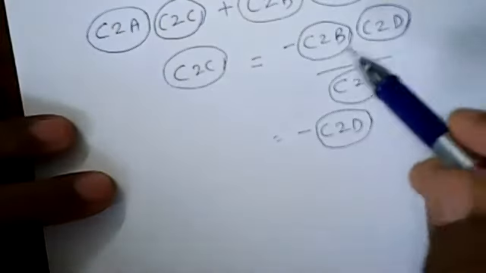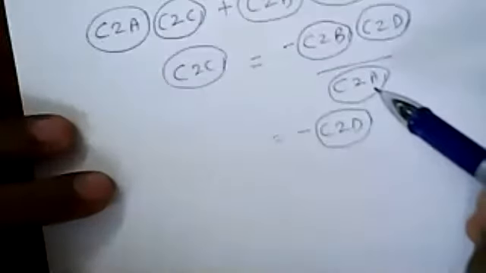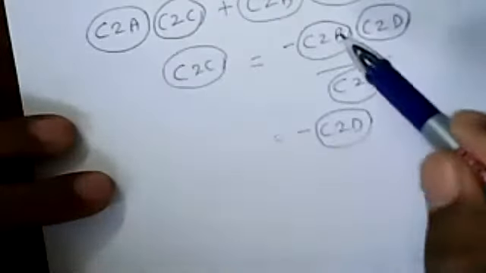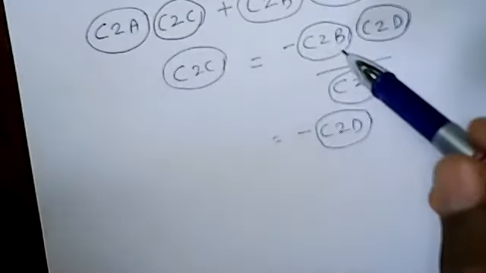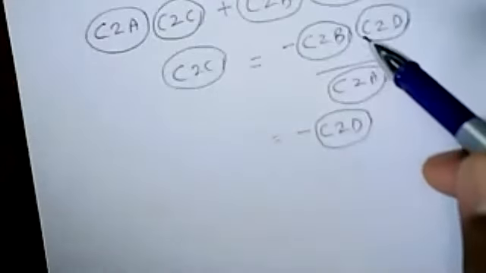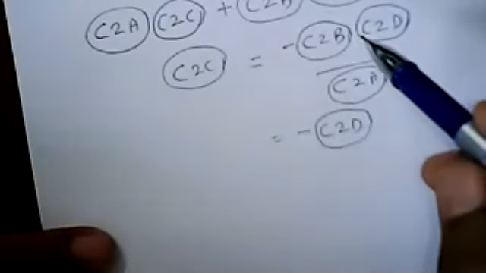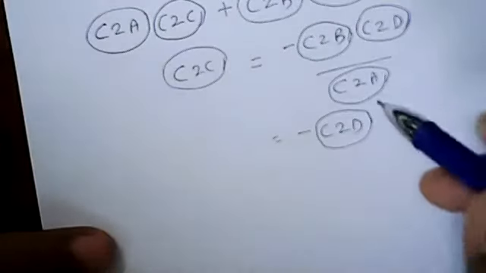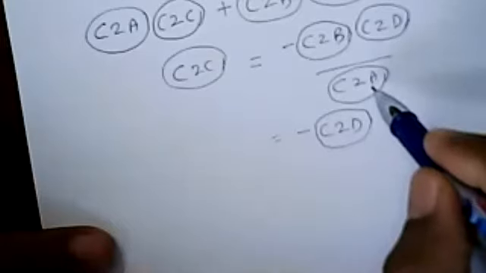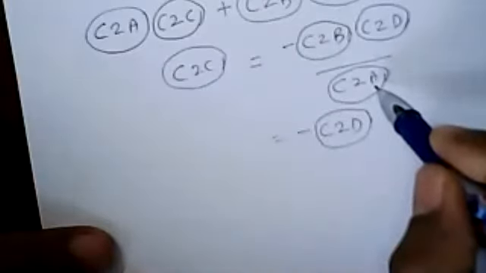Then you substitute for C2B and C2A. C2A is root of J2 by J1 plus J2.